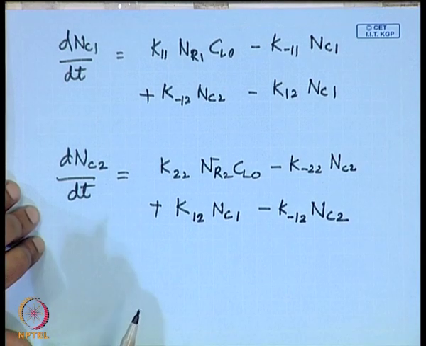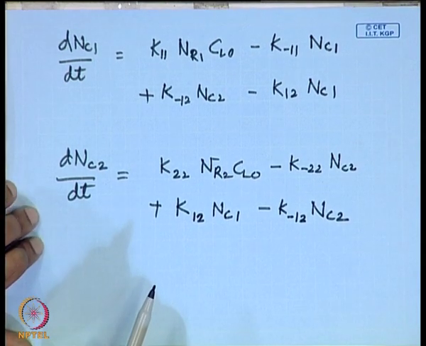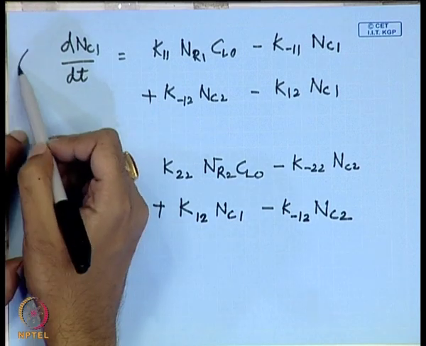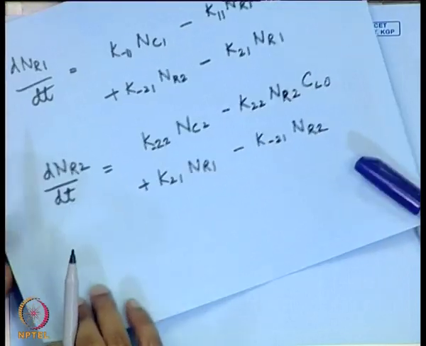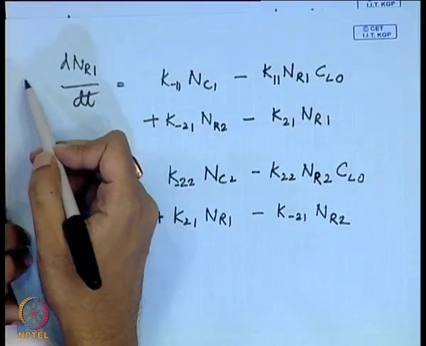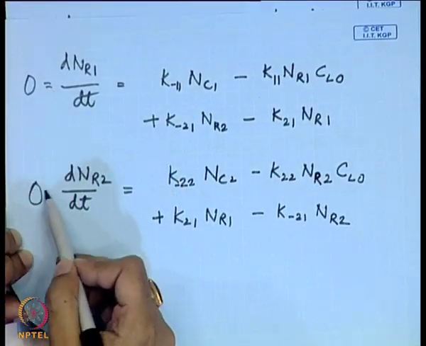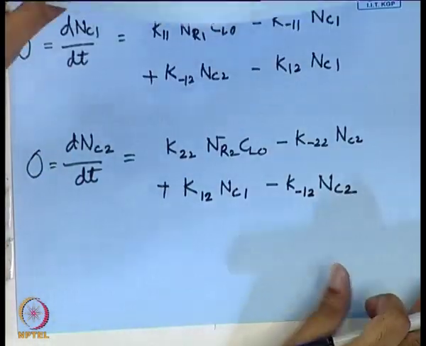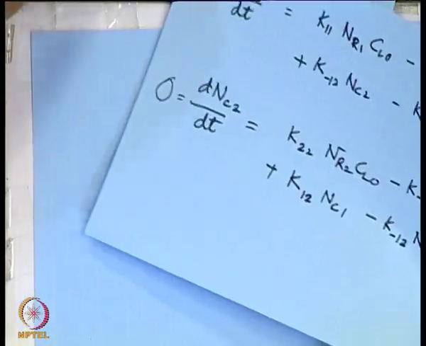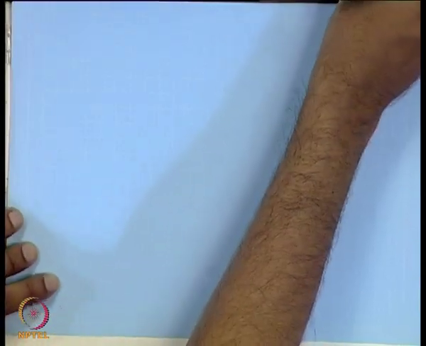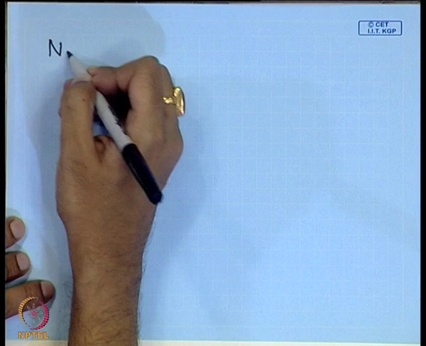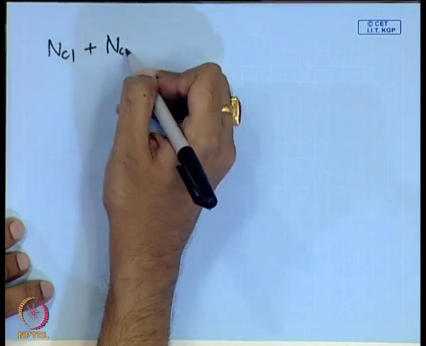So, these are my 4 balance equations, and what do I do with them? At steady state I have to equate all of these to 0. Okay. So, let us look at the total amount of complex that we have, which is NC1 plus NC2.